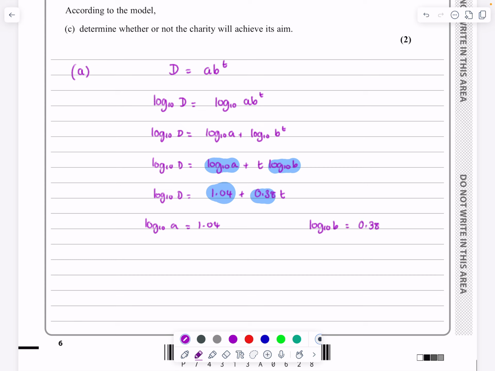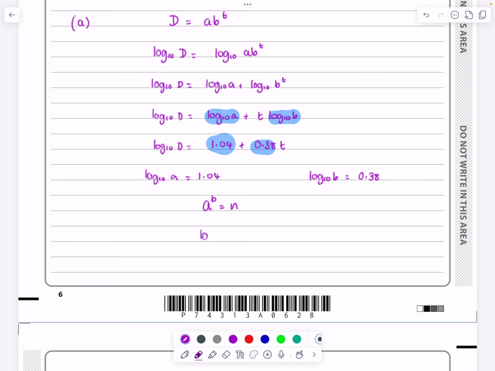Well, one of our other log rules is the idea of being able to take a power statement, A to the B equals N, and change that into a log statement. If we're going to change it into a log statement, the base of the log is the same as the base of the power, and we know that a logarithm is a power, so the N stays there and the B becomes there.